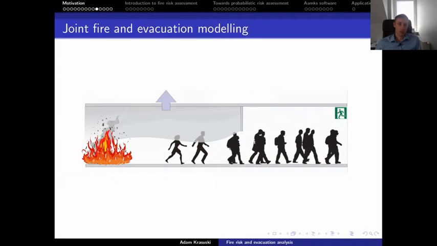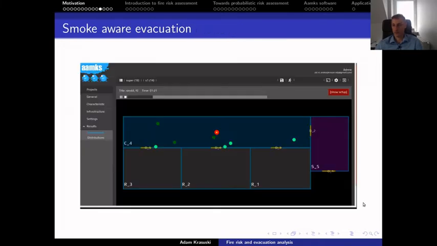So such an idea, when we just add some values from one simulator, the fire dynamics simulator, to the evacuation simulator, is, let's say, a little bit biased, because people rather try to find a path free of smoke. So the solution is the smoke-aware evacuation.